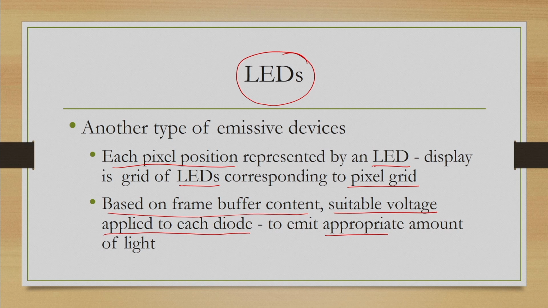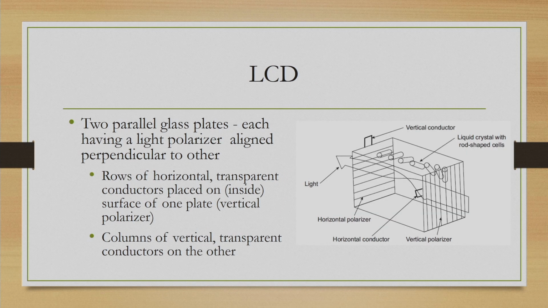Let us now try to understand non-emissive displays. An example is LCD or liquid crystal displays. So, like plasma panel, here we have 2 parallel glass plates, each having a material which is a light polarizer aligned perpendicular to the other.